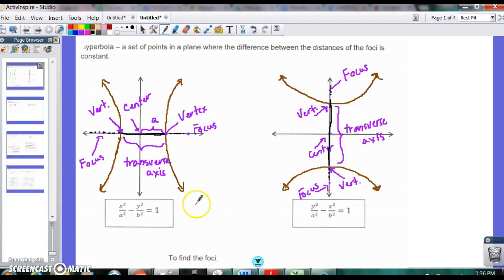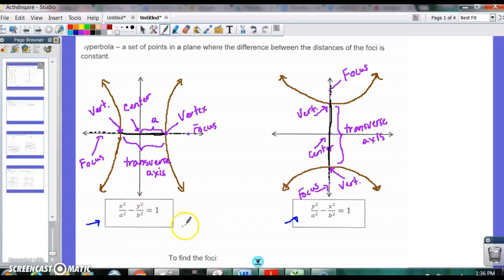Now, when you're looking at the equations, notice how they are slightly different. The equation here on the left, your x squared term is positive. The equation on the right here, your y squared term is the positive one. Notice that's really important. The equation looks similar to the equation for the ellipse, but it's not because of that negative.